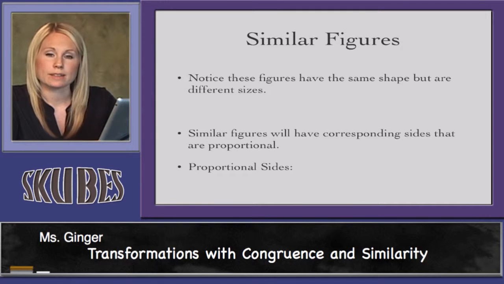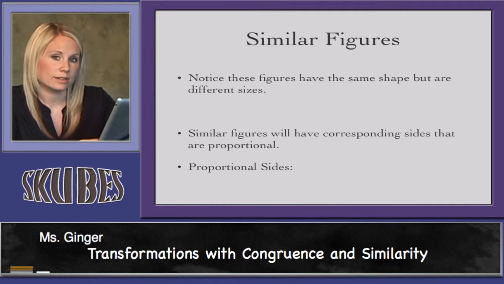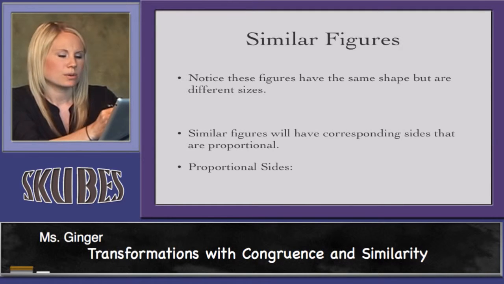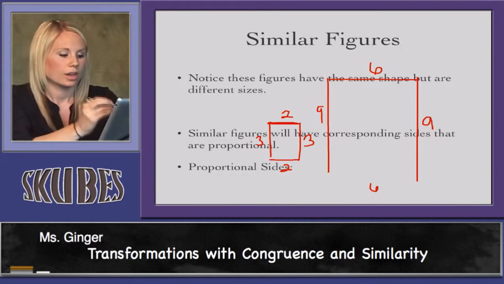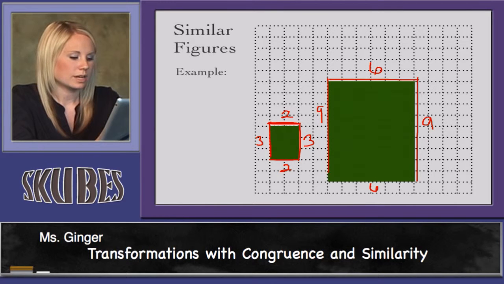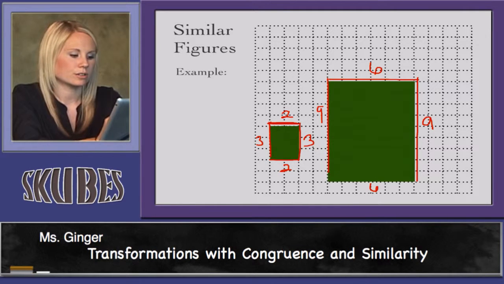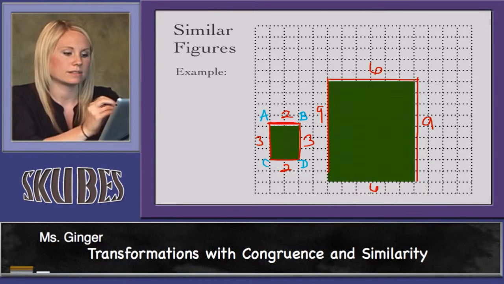Okay, remember our shapes had the same shape, but they were not the same size, but they did have corresponding sides that were proportional. Let's go name those proportional sides, because sometimes we'll be asked to do that in a ratio form. So what we'll do is we will take our figures, and if they don't already have labels, we will put some letters at the vertices.